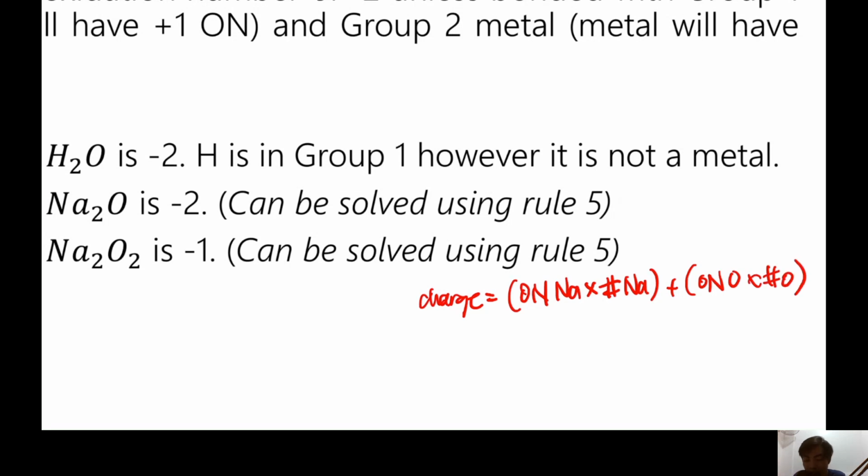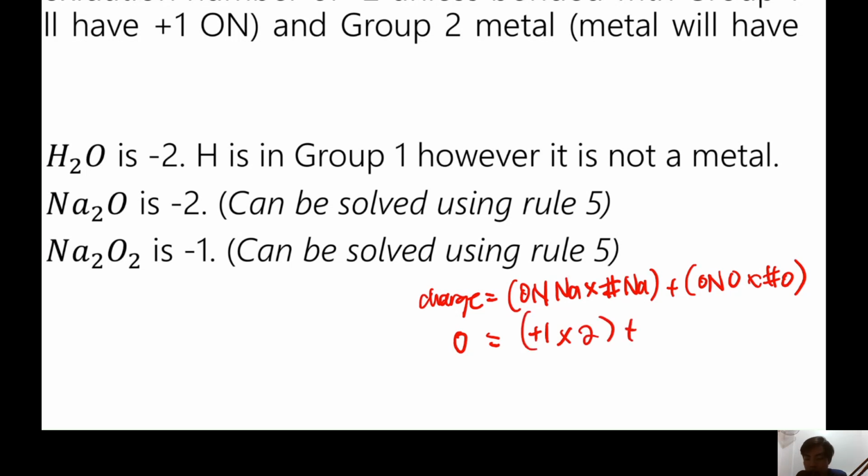The charge is 0, since there is no charge indicated at the upper right corner of the molecule. For sodium, that is always +1 because it is a group 1 atom. So +1 times the number of Na atoms, which is 2.